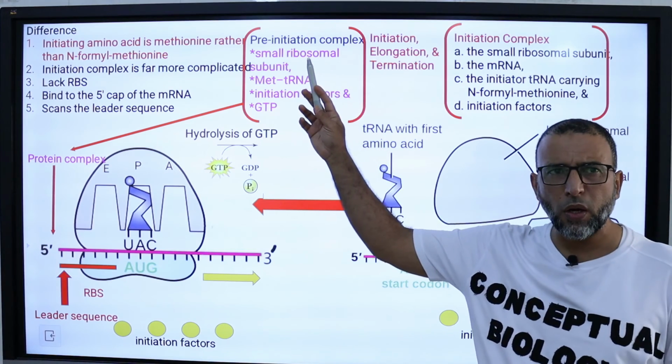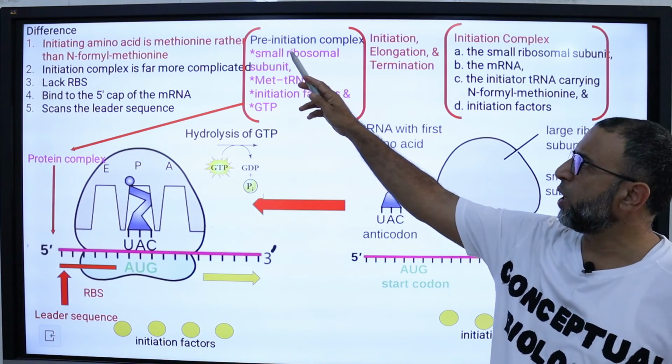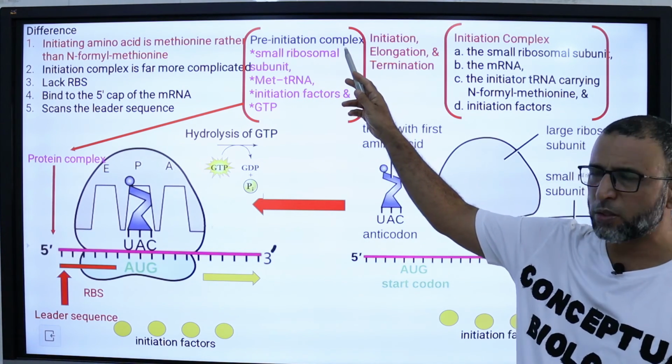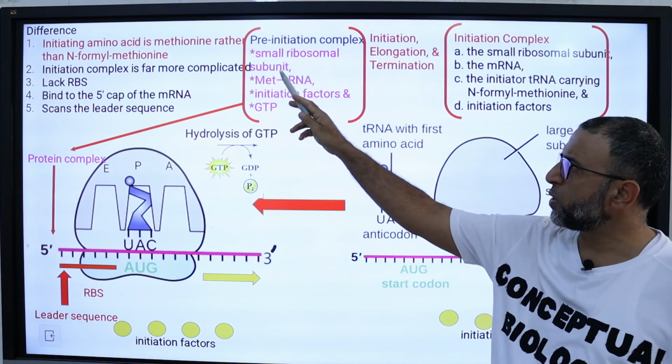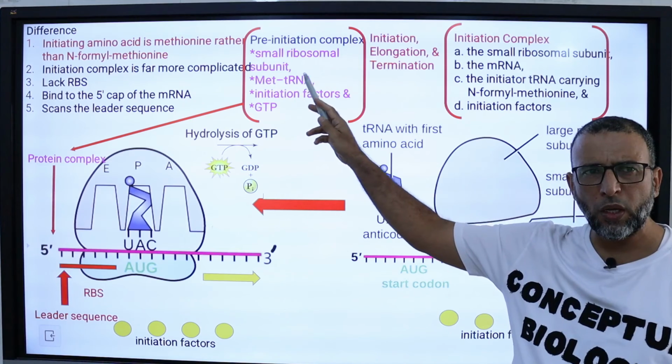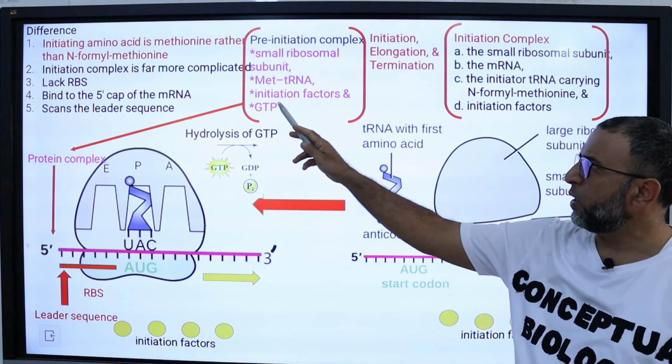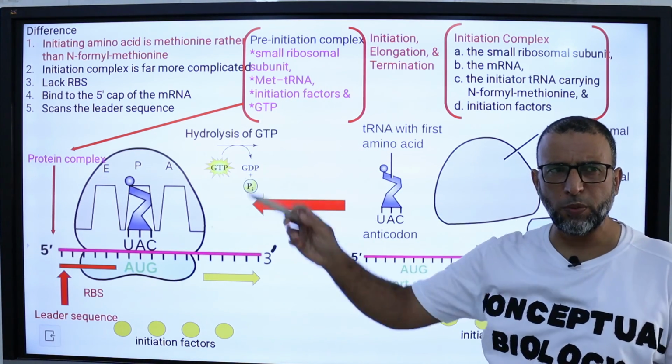Initiation in eukaryotes involves the formation of the pre-initiation complex, which includes the small ribosomal subunit, methionine tRNA, and initiation factors with GTP.